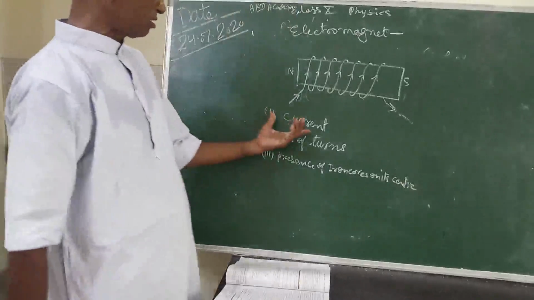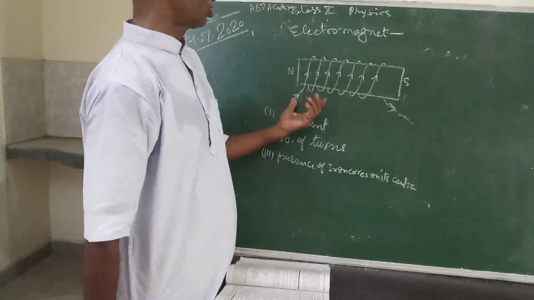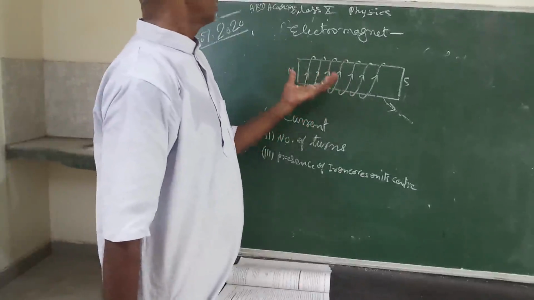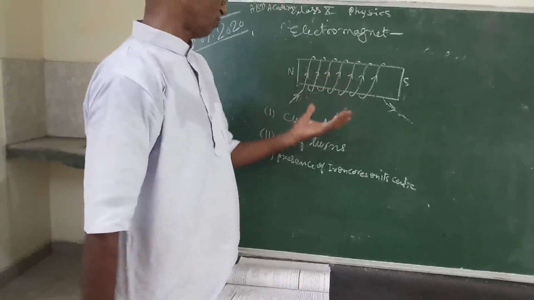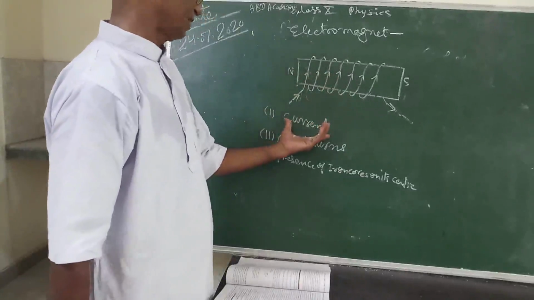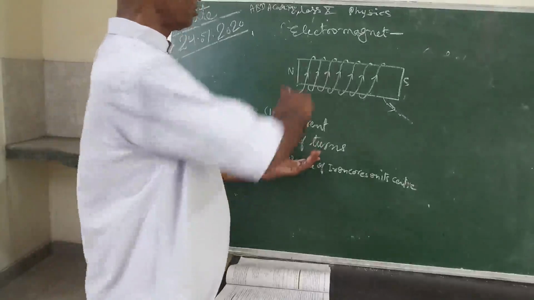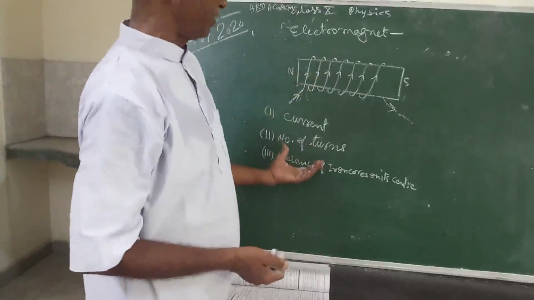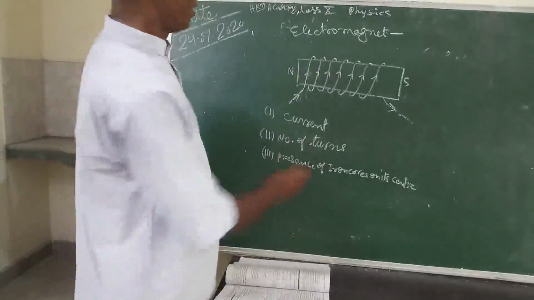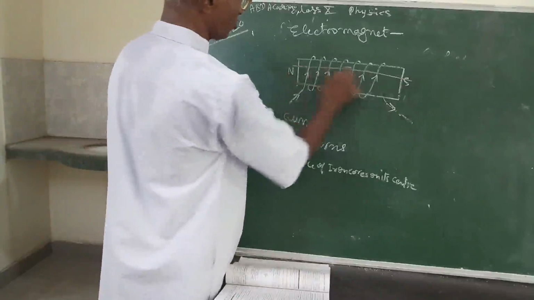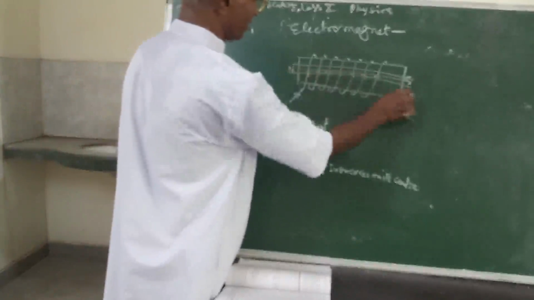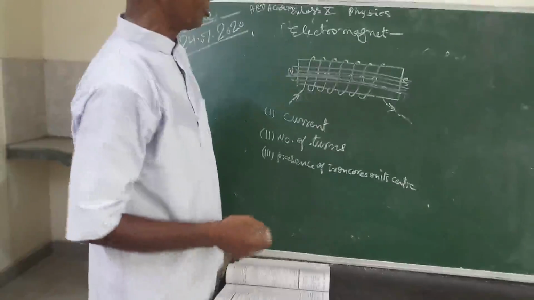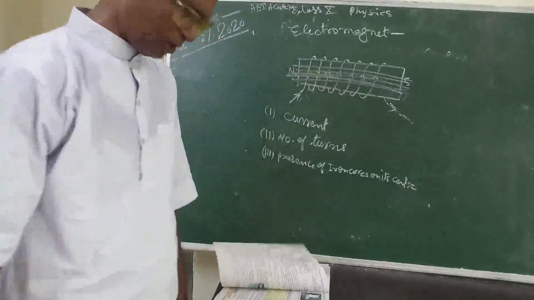So the stronger the current passed through the copper wire, the more powerful the electromagnet generated. If more turns are on the reel, a stronger magnetic field will be produced, and if some soft iron core is placed at its center like this, then a still stronger electromagnet will be produced.